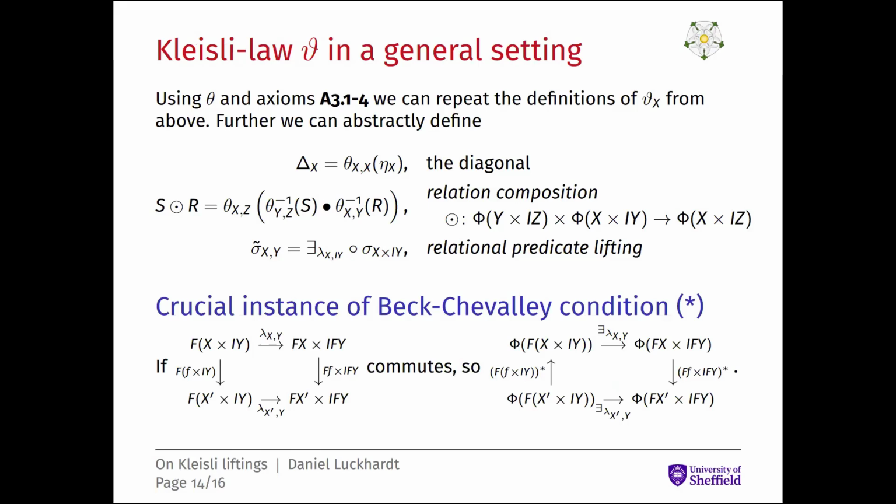Okay, and then what we found out is that in the background there is actually one technical condition. That is this instance of the Beck-Chevalley condition. So either you know the Beck-Chevalley condition, or you just accept that this is what you need. It basically means if this diagram commutes, then you also have that this diagram with the pre-images, so you can apply phi, and then this diagram with direct images commutes.